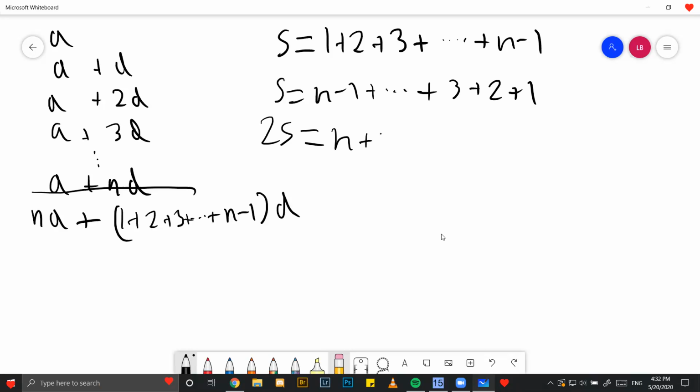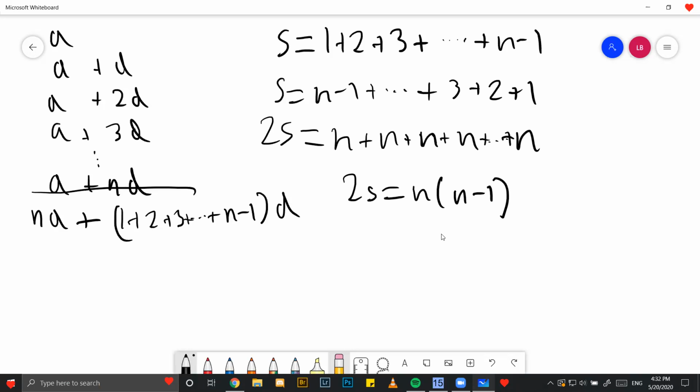It's going to be n plus n plus n, and so on. Everything's going to be equal to n. And then that means that 2s is equal to n times n minus 1. There. And then that proves that this sum is equal to n times n minus 1 over 2. Does that make sense to everybody?